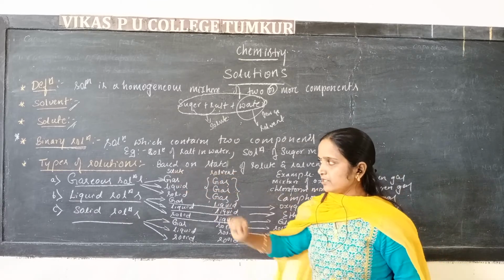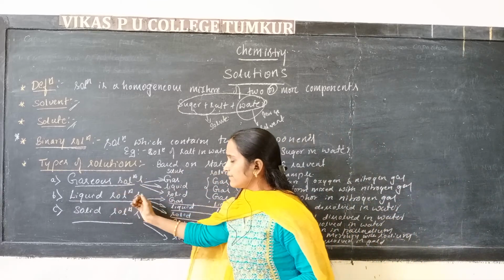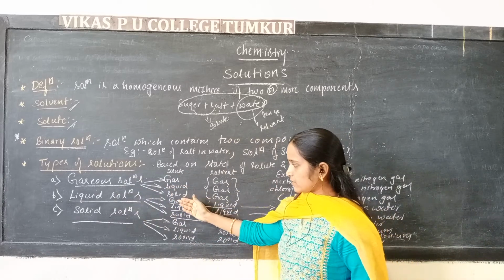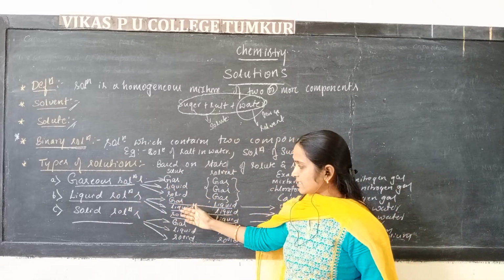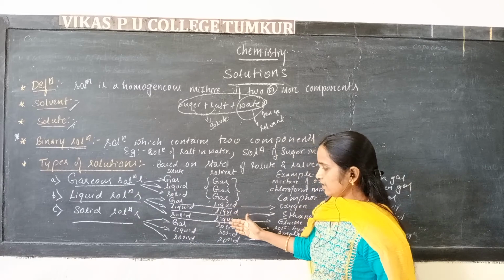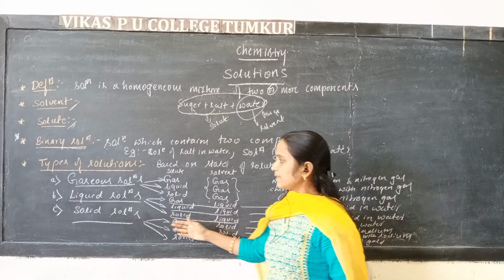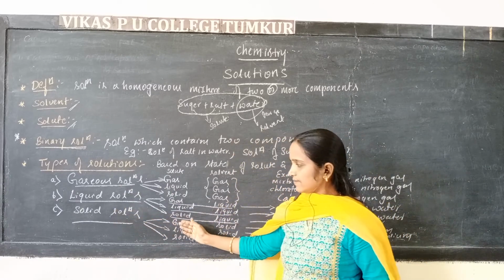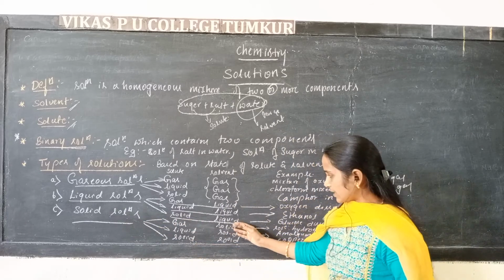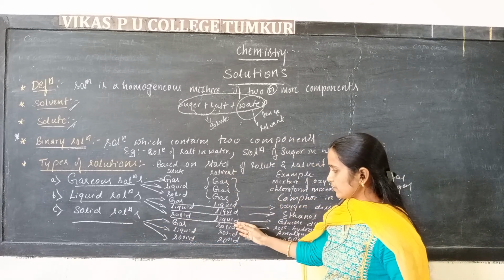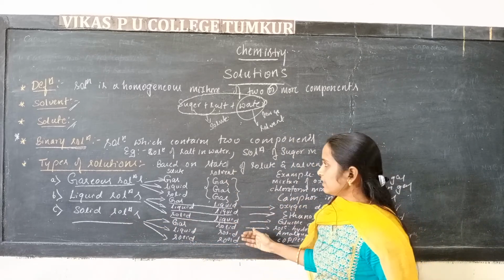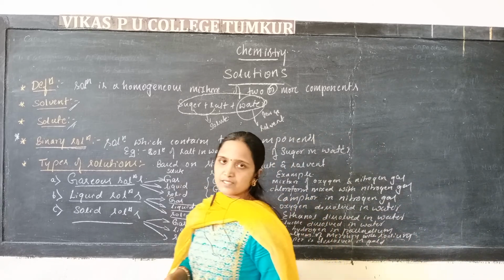In liquid solutions, the solute varies, that is gas, liquid, solid, but the solvent is liquid. In solid solutions, the solute is different, but the solvent is solid only. That is about the types of solutions.